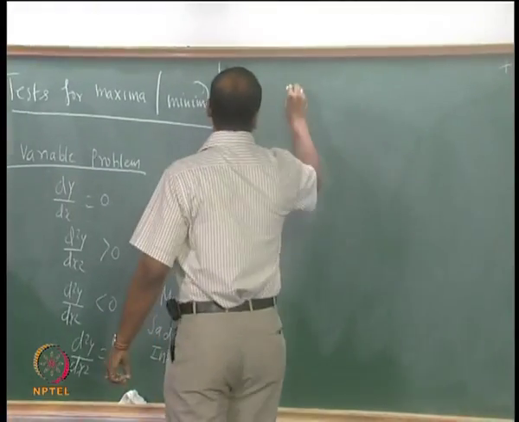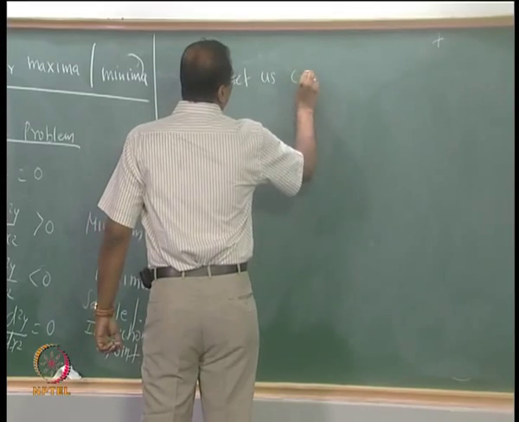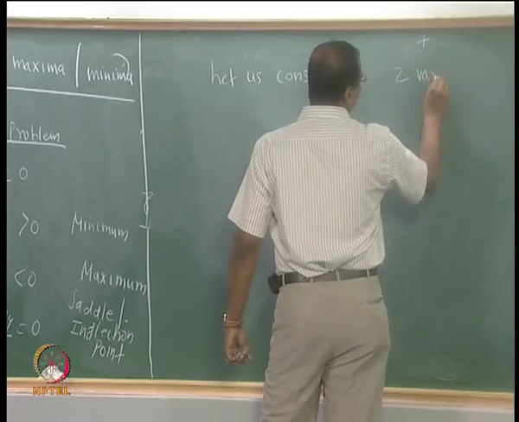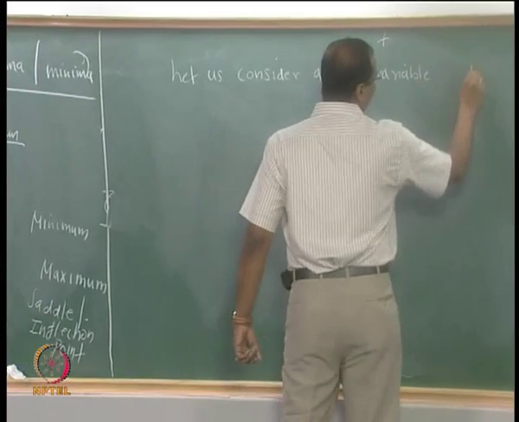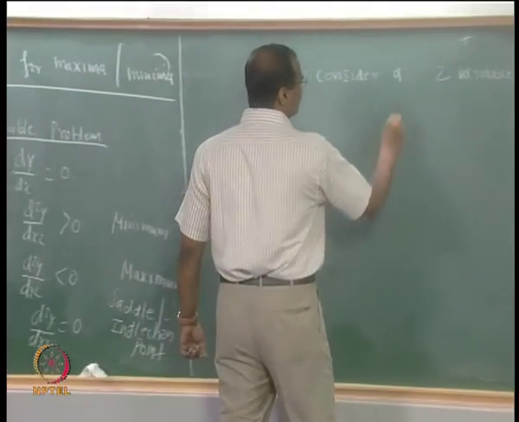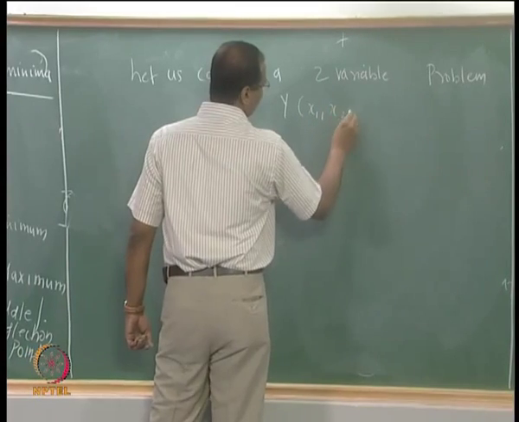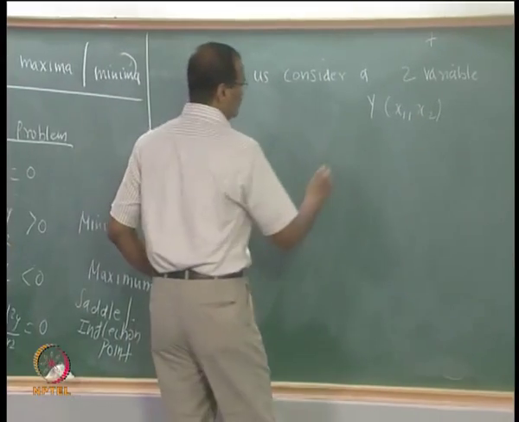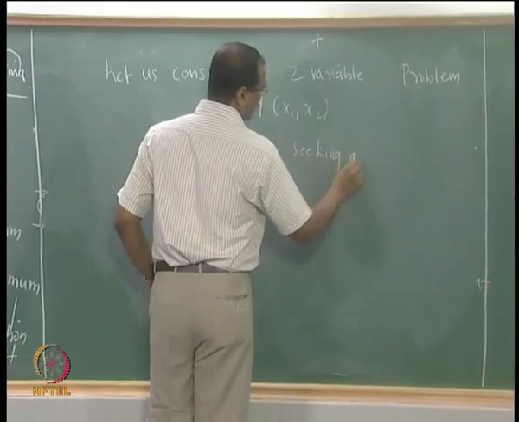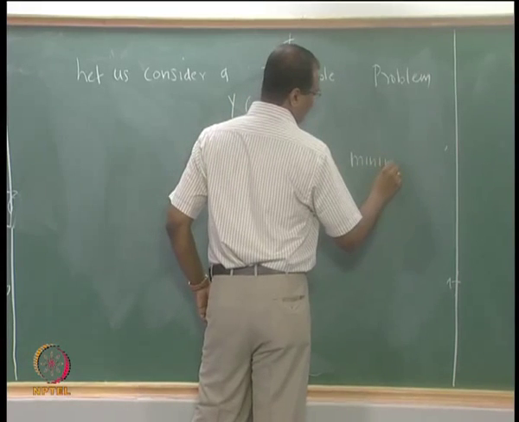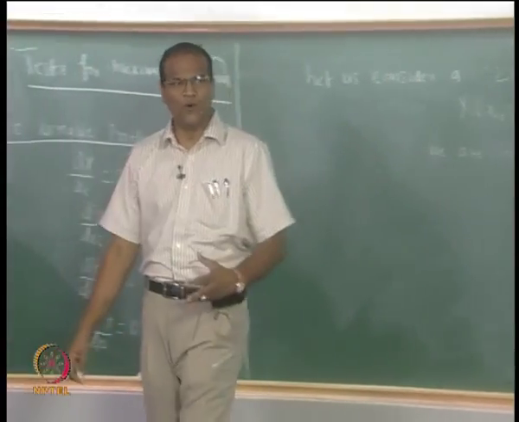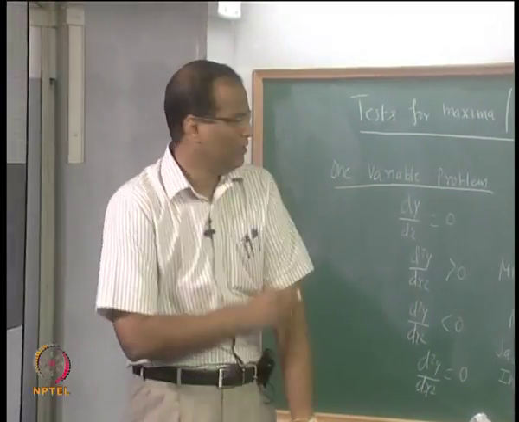Let us consider a two variable problem. Okay, y is a function of x1 x2, we want to minimize y. We are taking a minimum of y, whatever, okay.